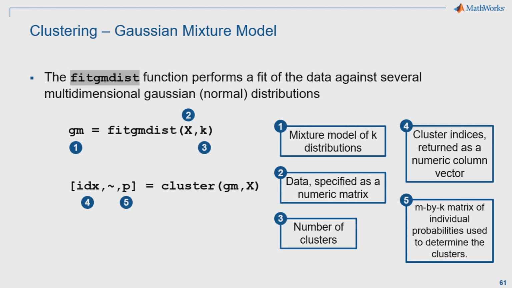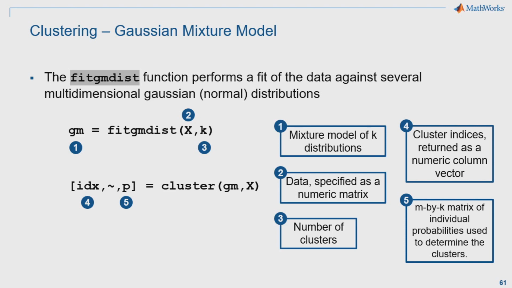You need to call two functions because the fitgmdist function builds the number of clusters that you obtain and some properties of these clusters from the data, and the number of distributions that you want to specify.